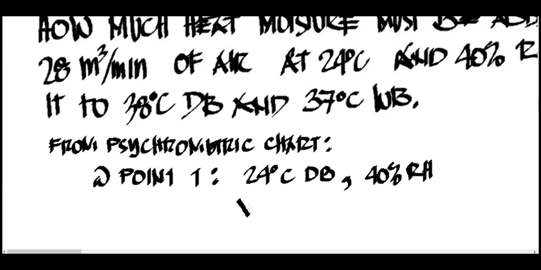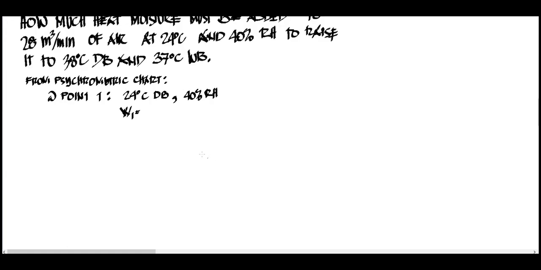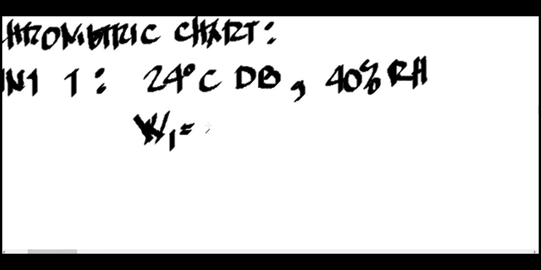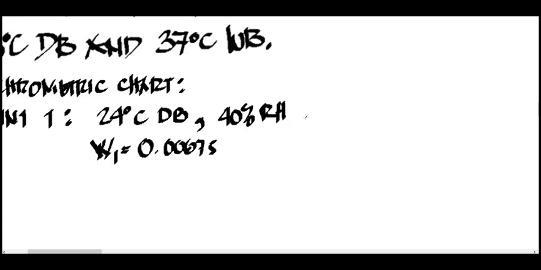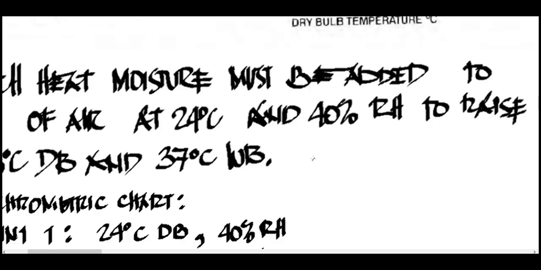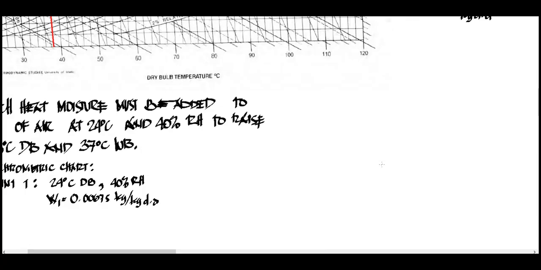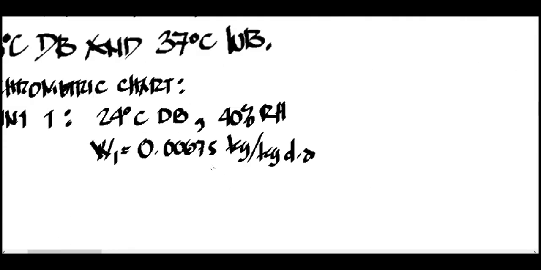We have the value of humidity, which is 0.0075 kilogram per kilogram dry air. I have an extra zero, so let's erase this one.